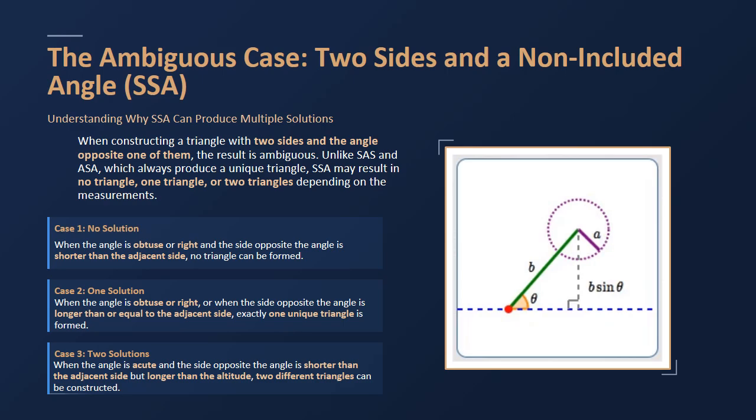Case 2, one solution: when the angle is obtuse or right, or when the side opposite the angle is longer than or equal to the adjacent side, exactly one unique triangle is formed. Case 3, two solutions: when the angle is acute and the side opposite the angle is shorter than the adjacent side but longer than the altitude, two different triangles can be constructed.